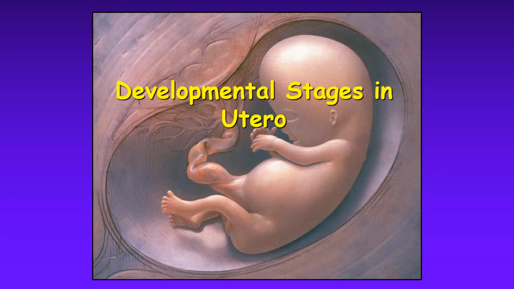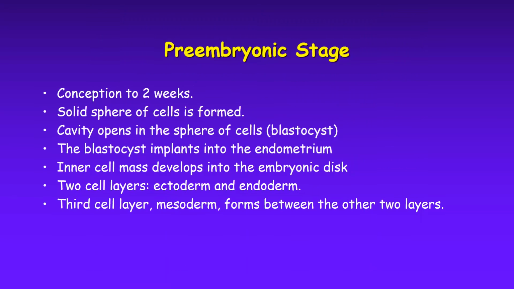All right, so let's talk about developmental stages in utero. And you guys are talking about some of this in maturation science, so this should hopefully complement some of those things. Some review, hopefully. Pre-embryonic stage: conception to 2 weeks, the first 2 weeks after conception. A solid sphere of cells is formed.